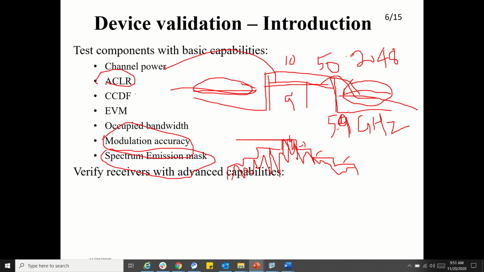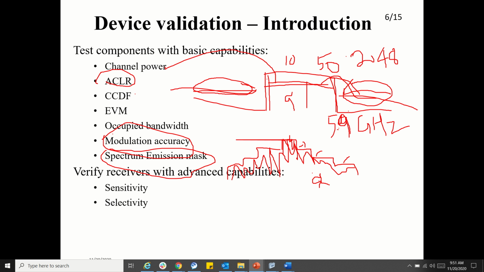And receiver capabilities like sensitivity. What we generally look for is sensitivity, and the other one is selectivity. Sensitivity means, for example, I can explain with satellite communication, which is more appropriate.